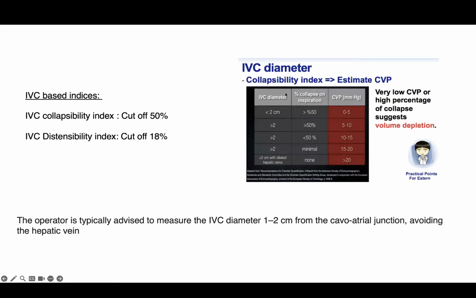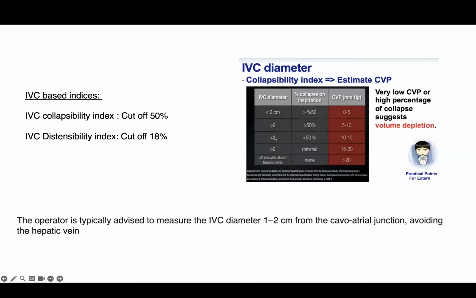Sometimes examiners may be tempted to ask about the IVC diameter, collapsibility index and estimation of your CVP. If the IVC diameter is more than 2 and the inspiratory collapse is very minimal, then the CVP is likely 15 to 20. If there are dilated hepatic veins and no collapse, then CVP is more than 20.